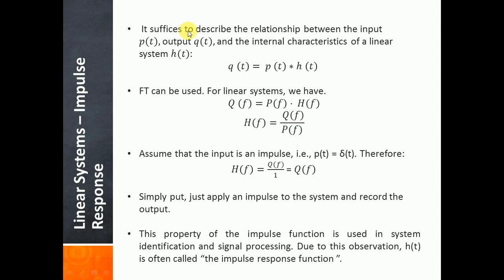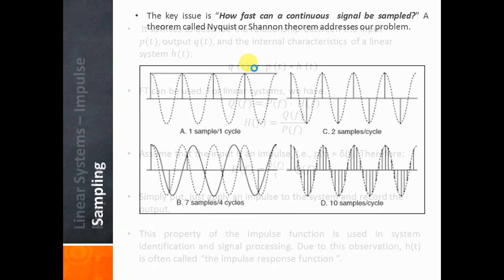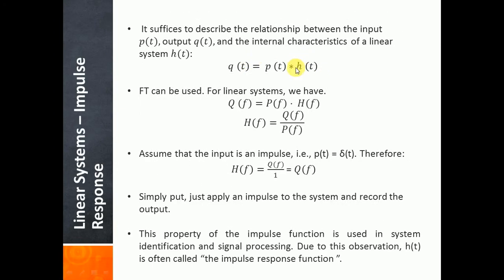One good example where replacing the convolution with the multiplication really helps: if you have a signal p of t, which is your input, the output is q of t, and h of t is the impulse response of the system. Now the same thing in convolution, when you look at it in Fourier domain, looks like a multiplication. Now this h of f is called the impulse response.